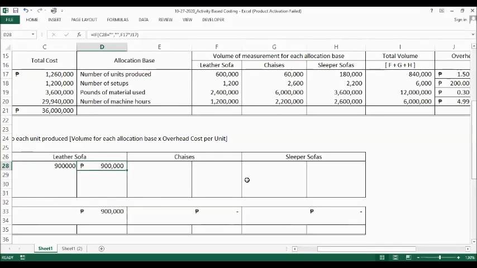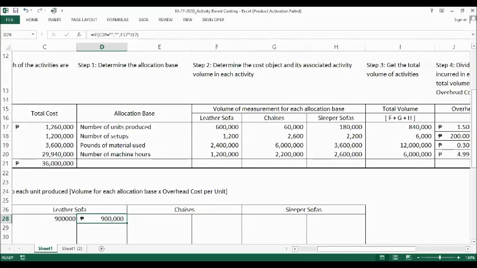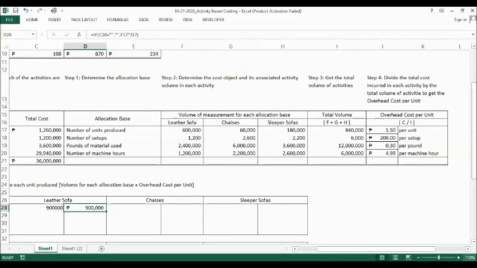Oh. Nakuha yun. Volume times the data natin. Yan. Times 1.5. Ito naman equals ito, volume times 200. Sorry.